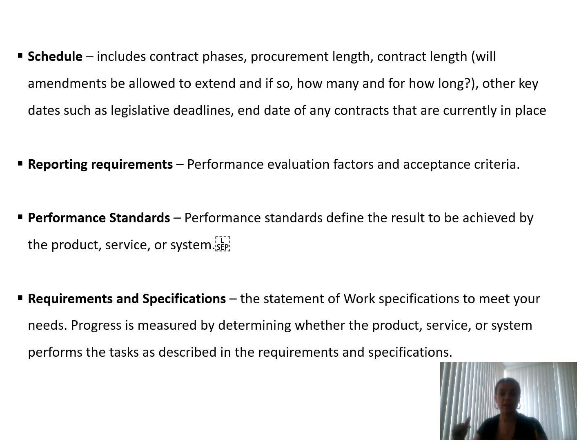The performance standards define the results to be achieved by the product, service, etc. So we will go back to the performance standards to see if the whole procurement contract has been complied with. And for the requirements and specification, the statement of work specifies what meets your needs, measured by determining whether the product, service, or system performs the tasks as described in the requirements and specifications.